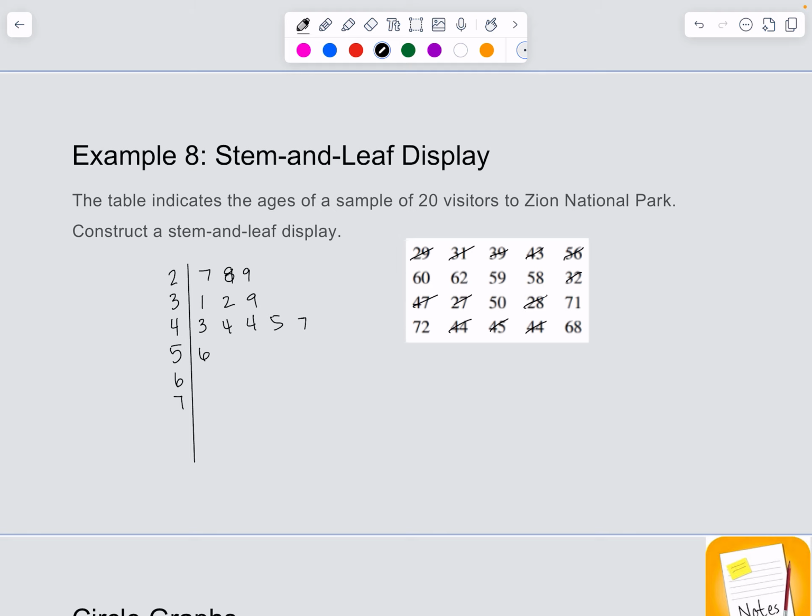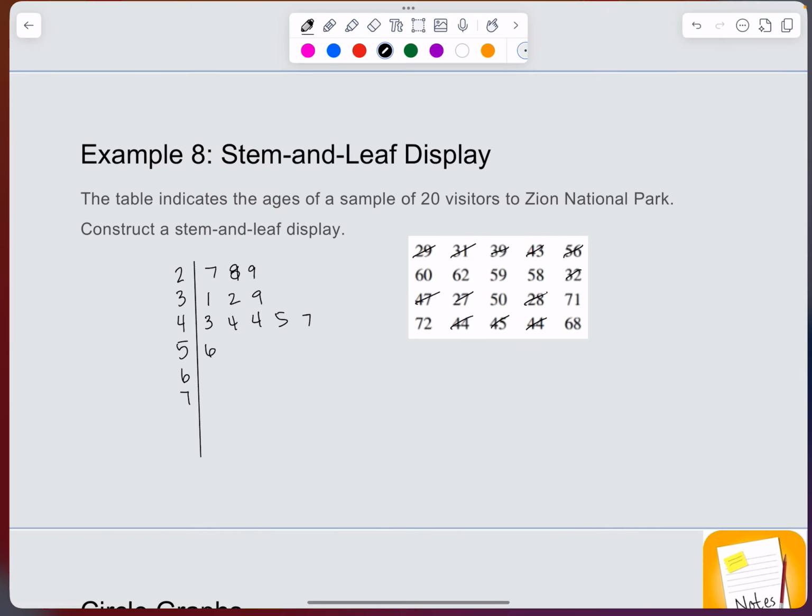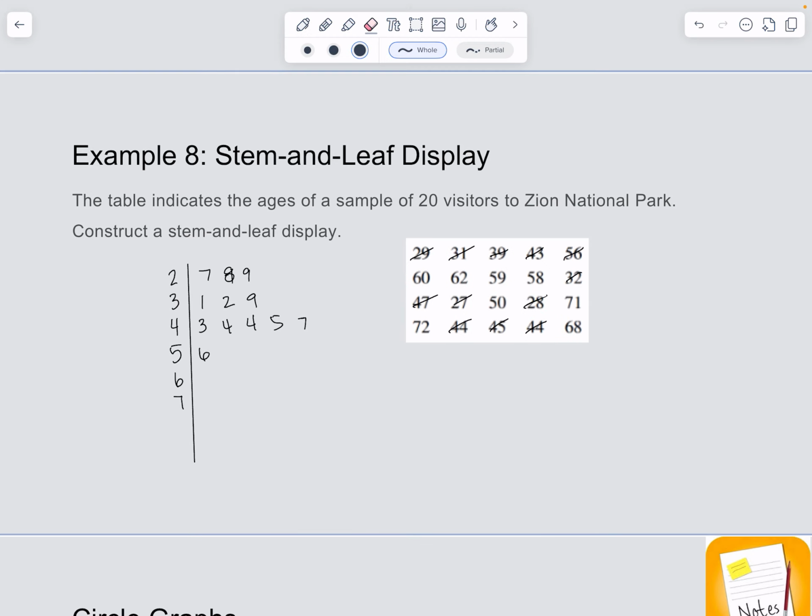We got 50, 50, 56, 58, 59, 60, 62, 68, 71, 72. All right, that's our stem and leaf plot.